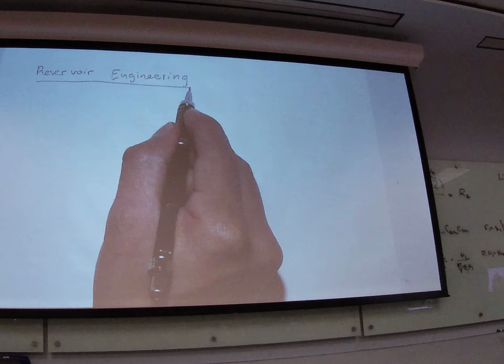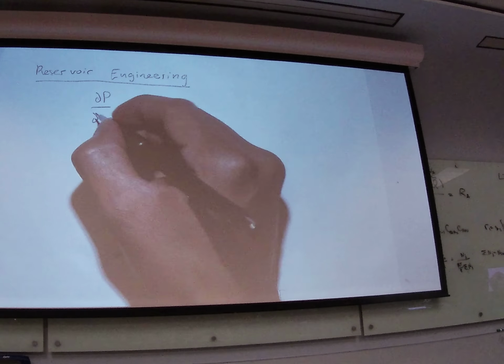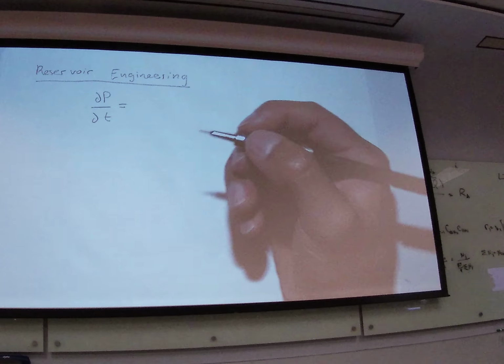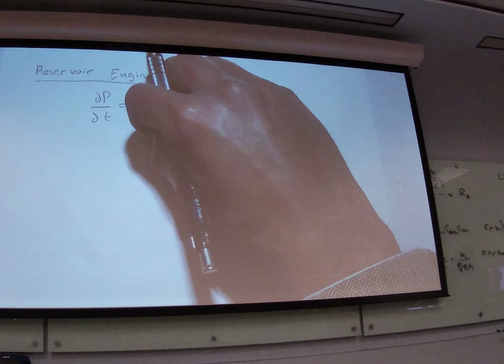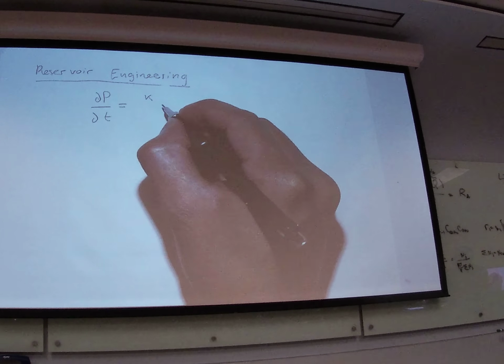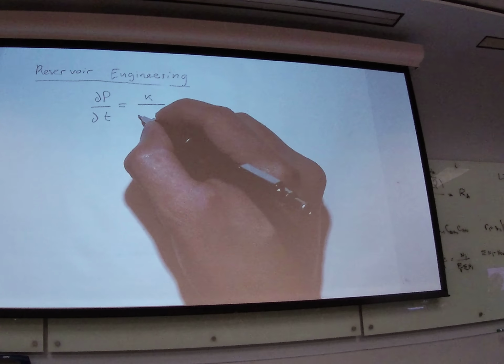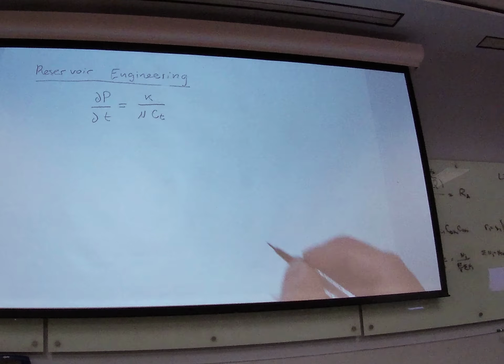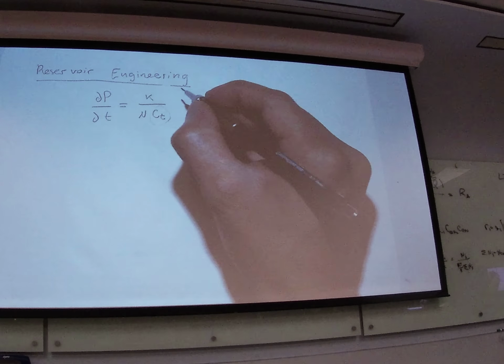In reservoir engineering, most of the time what you want to do is solve what is called the diffusivity equation, which tells you the variations of pressure as a function of time in a given reservoir with a given permeability, fluid viscosity, and that depends on the total compressibility.